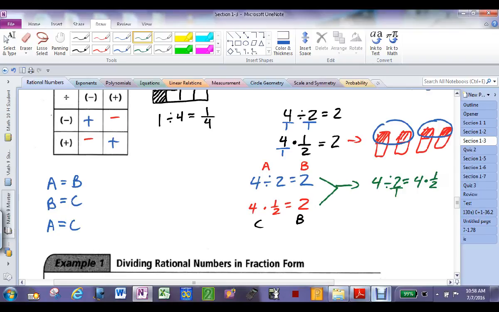Is everybody cool? Always. No matter what. Everybody with me? So all I have to do is change this division sign to multiply and take the second number, whatever it is, and flip it over. And then we're back to multiplying, which we just did for a whole period. Right?